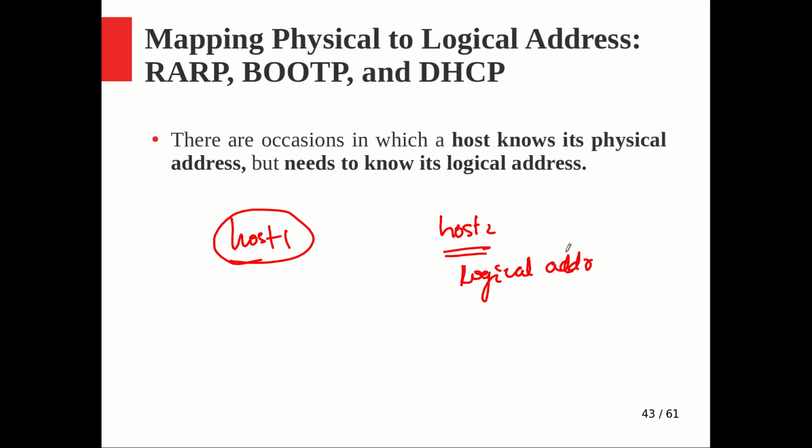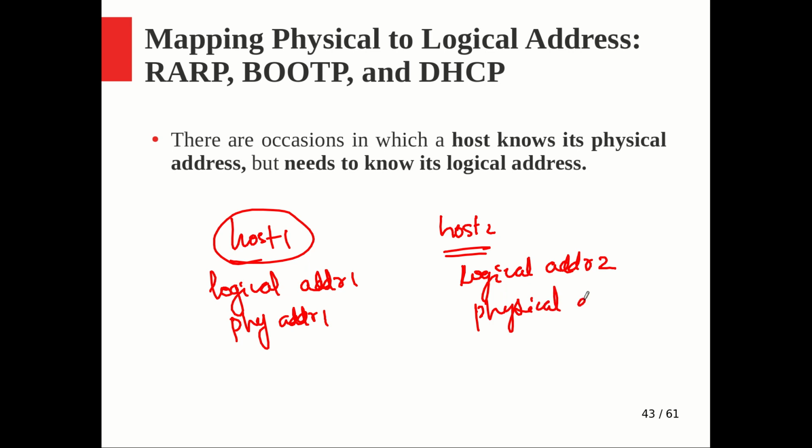Let me take host 2's logical address to be logical address 2. Similarly, host 1 also has some logical address, let it be logical address 1. Say host 1 has physical address 1, and host 2 will have physical address 2.